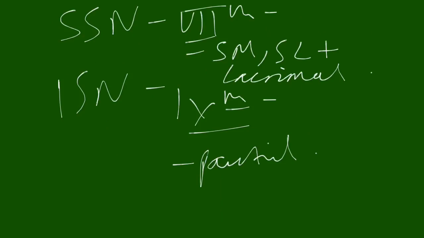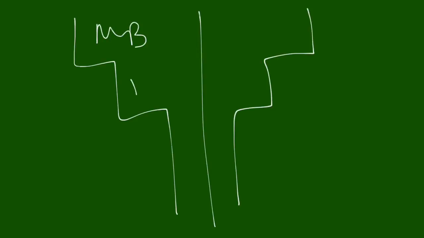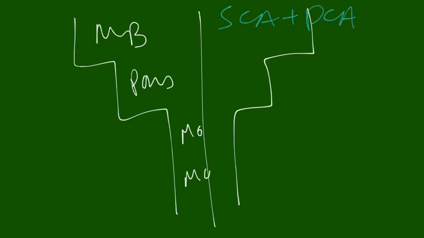Yep, so just to recap here, let's go through the blood supply one more time, because it's a very important question that you'll get asked a lot. So, we've got our midbrain, our pons, and our upper medulla and lower medulla. In our midbrain, we'll have our SCA posteriorly, and we'll have our PCA anteriorly and laterally.